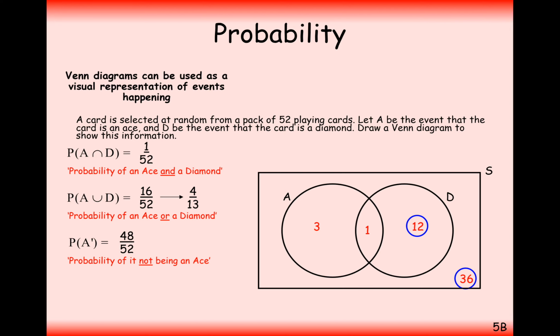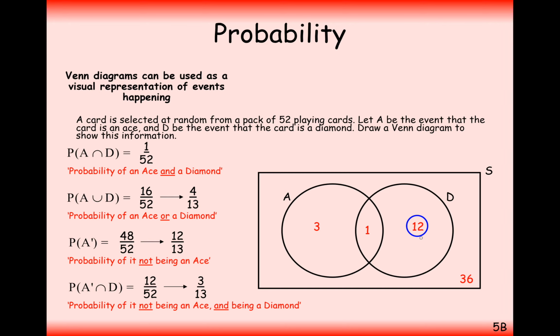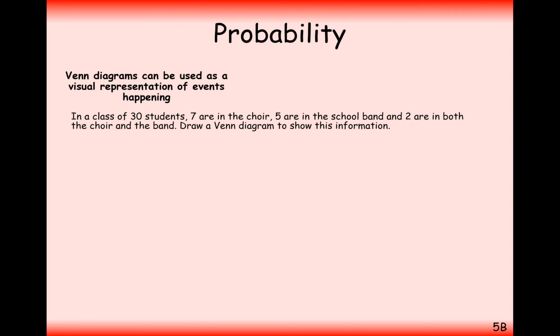So in this case here, it's just these 12 cards out of 52, which can simplify to 3 out of 13. All of these 12 cards here are not aces, but they are diamonds. Okay, so that's how you read the notation there.